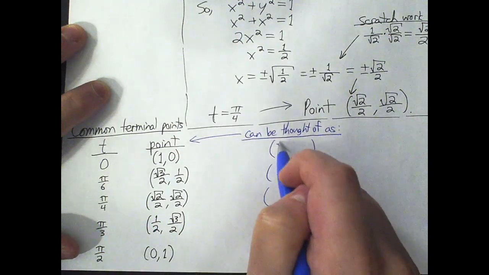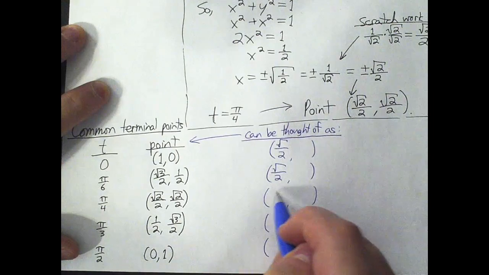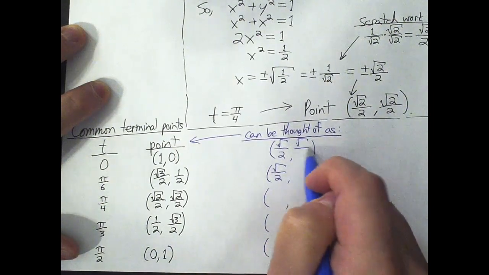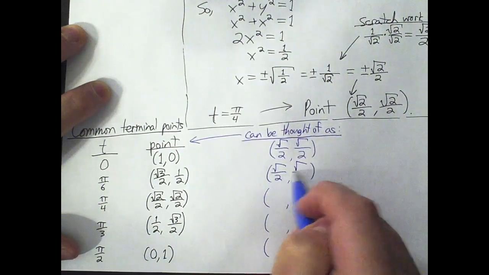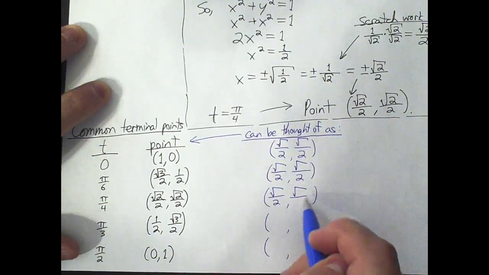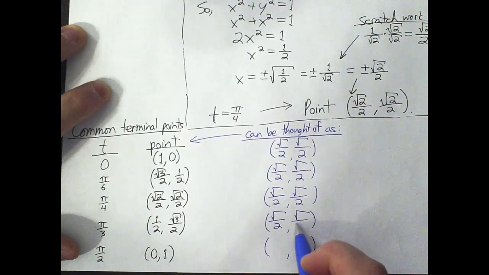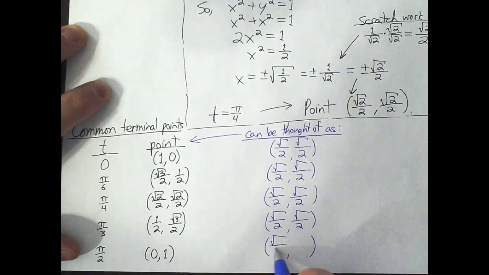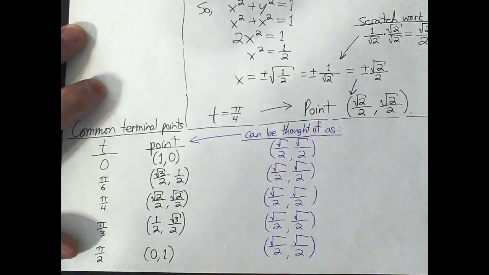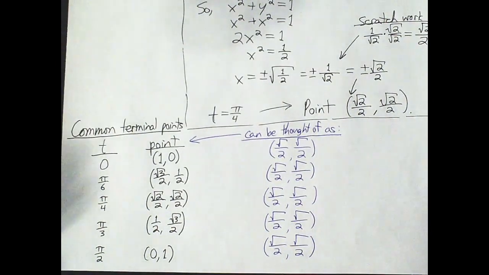Watch this. Square root of something over 2, square root of something over 2, all of them. I'm just going to fill in the numbers afterwards. This is just a pattern I like. What would have to go under those square root symbols in order for this to make sense? Let me just give you a chance in case you're writing that.